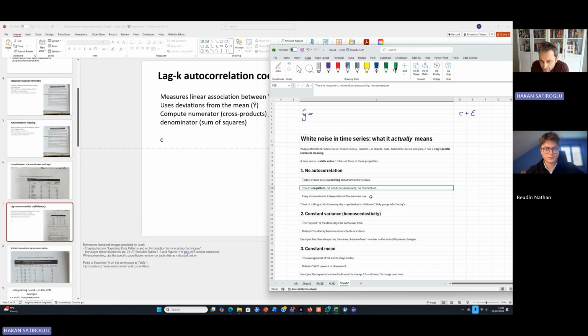We don't presume time series, or that our sales are separated from the last sales. We always think they are related. So we need to check the correlation, and the first correlation is always higher than the rest. So this is white noise in time series.